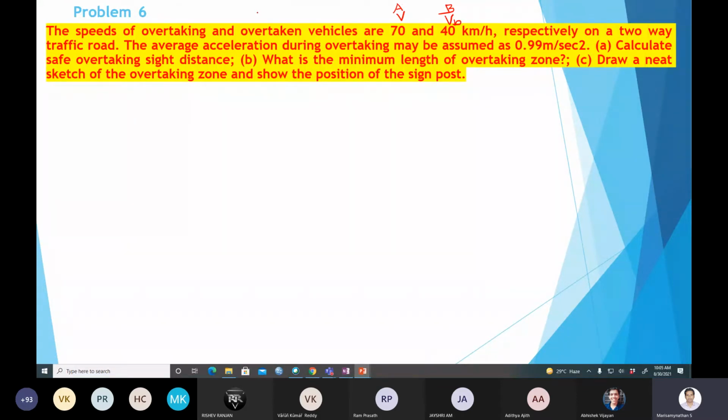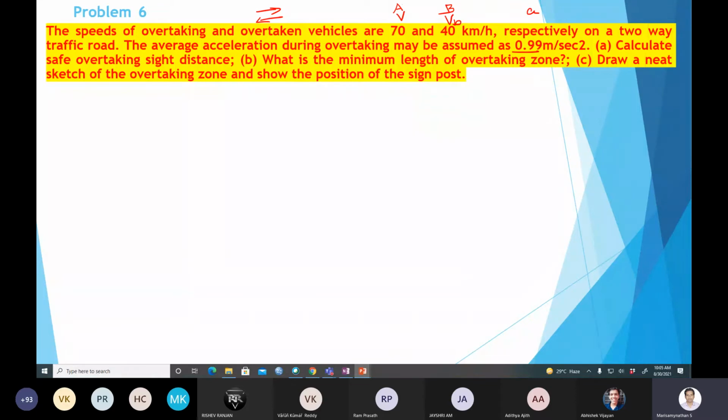The average acceleration during overtaking may be assumed as 0.99 meter per second square. So they gave that A value also as 0.99 meter per second square.